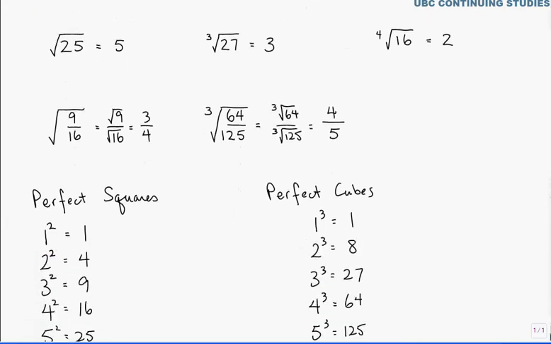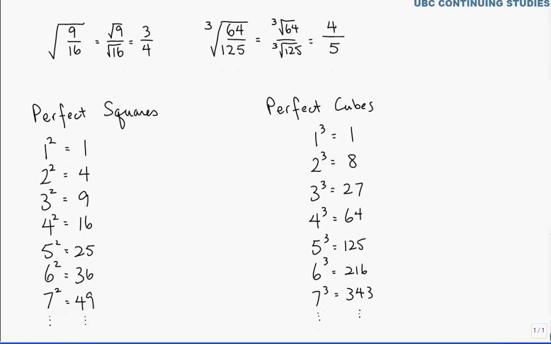Now, it certainly helps to know a few perfect squares and perfect cubes. A number is said to be a perfect square if you can take a rational number and square it and get that number. So in other words, if I can take 1 and square it, I get 1. So 1 is a perfect square. 4 is a perfect square because it is 2 squared, and 2 is a rational number. 9 is a perfect square, etc., because 3 squared is 9.